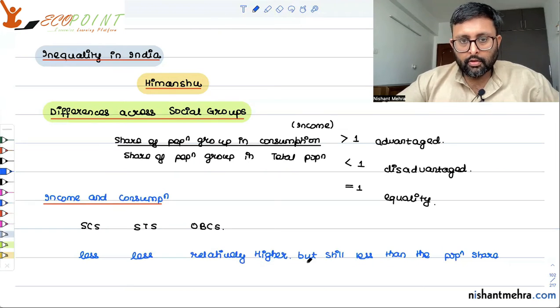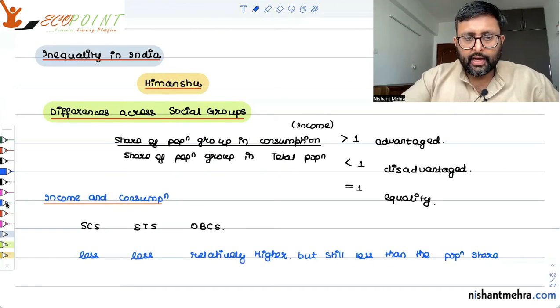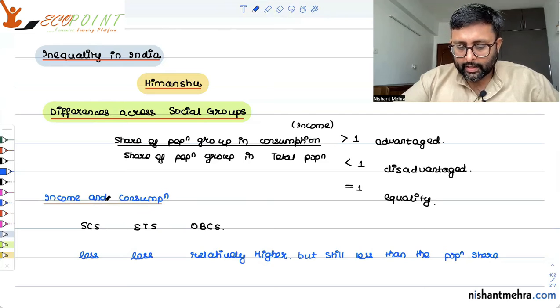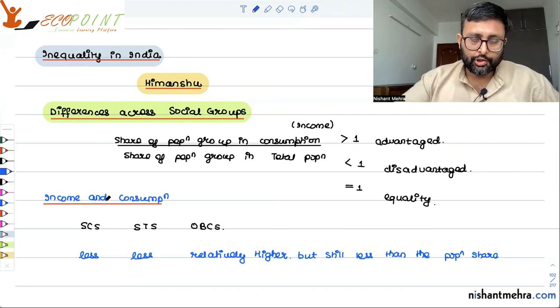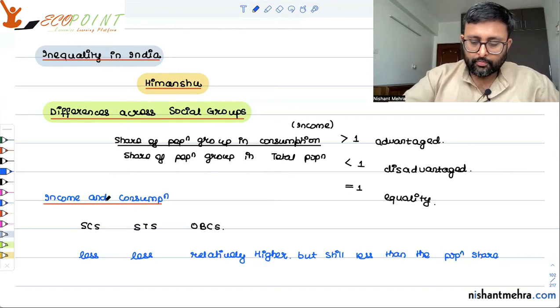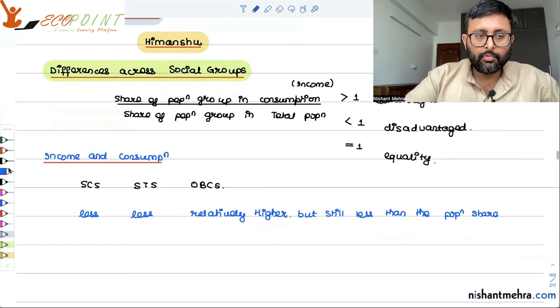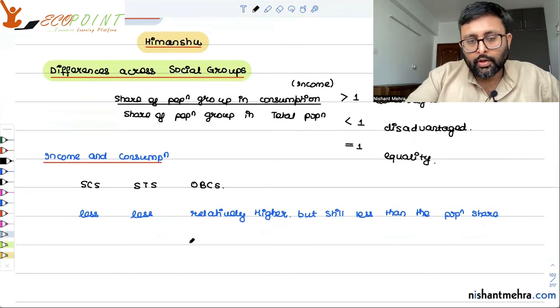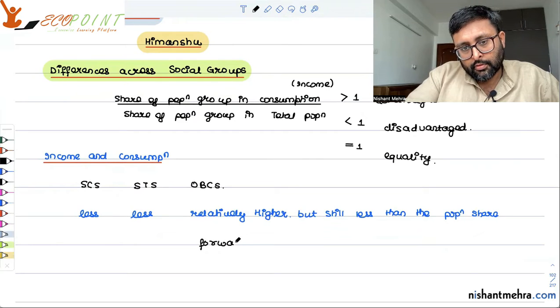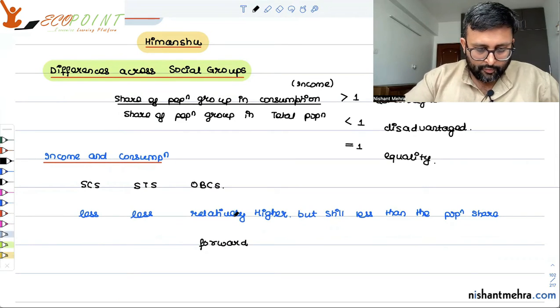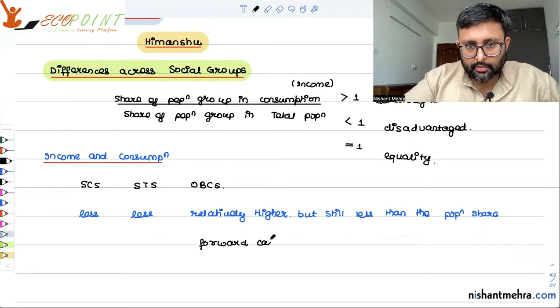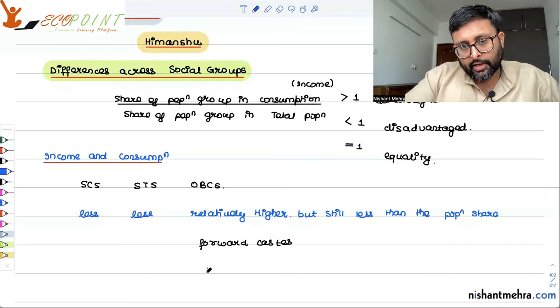Forward castes have the higher share. I mean, there's not much to write in that. They have higher shares of income and consumption relative to the population share. Since he has written it, let me just write this also. For forward castes, they have higher share.